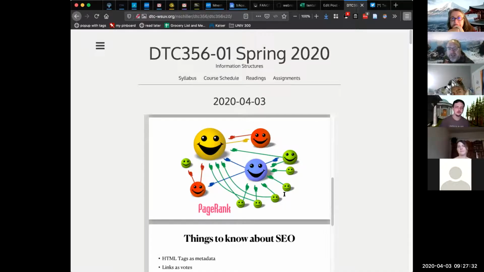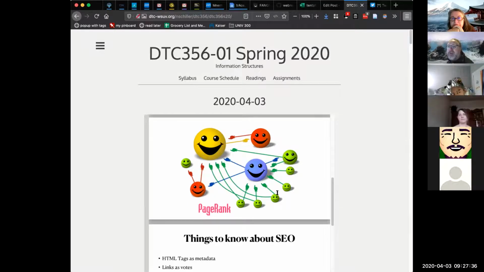There's a lot of different ways of measuring it. With web pages, they decided, what if we treat someone from the outside writing a link to a page as a citation or a vote? And the more important the page that's providing that link or citation, the more that vote is worth. And that's how we got PageRank.